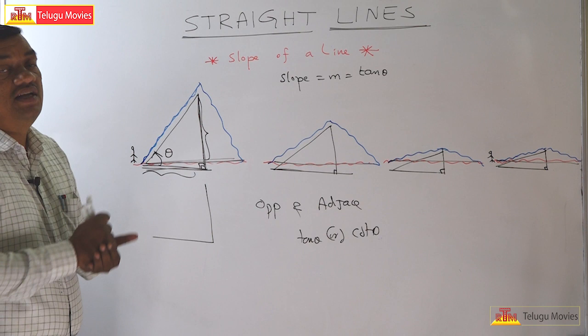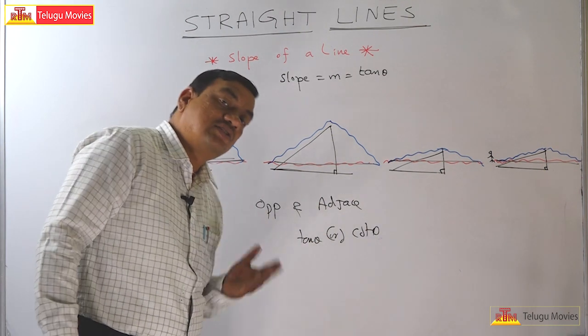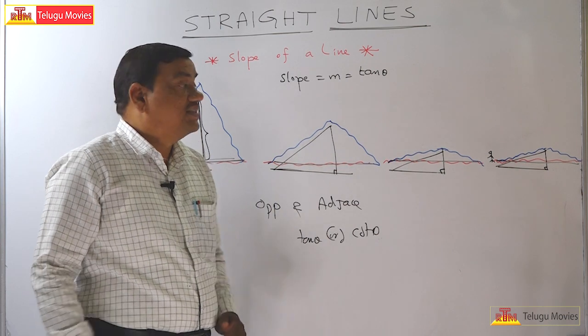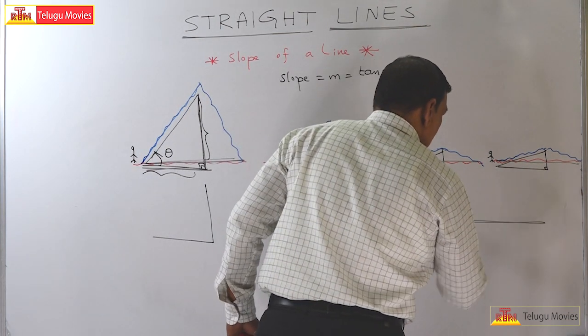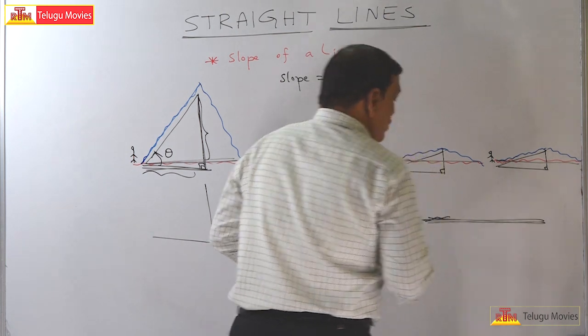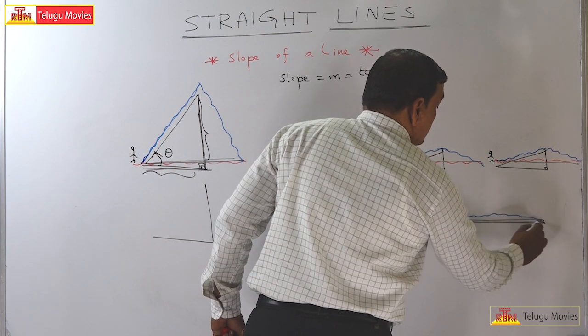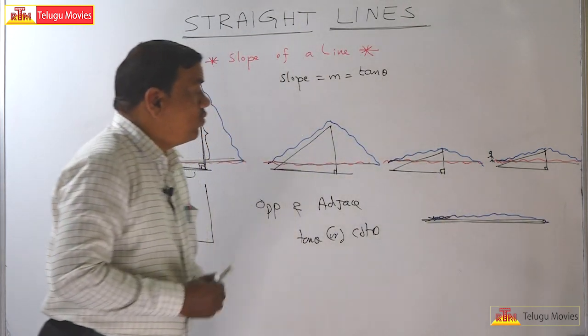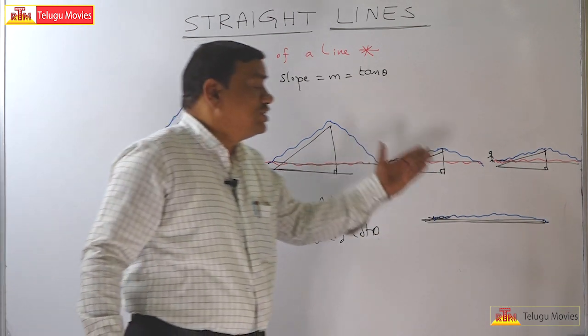But mathematically, while defining, we have taken tan θ. Why? There is one reason. For example, there is a hill, and nothing is here, just flat earth. Then what is the inclination here? 0 degrees. Is any slope there?